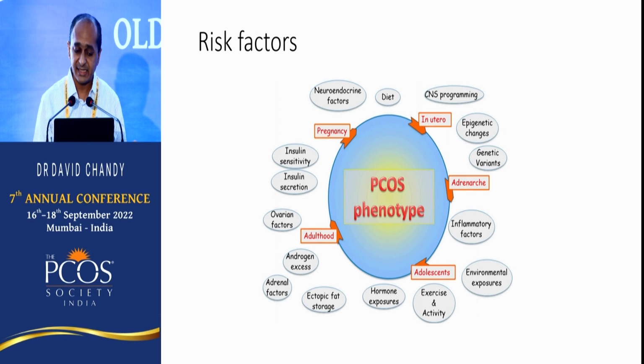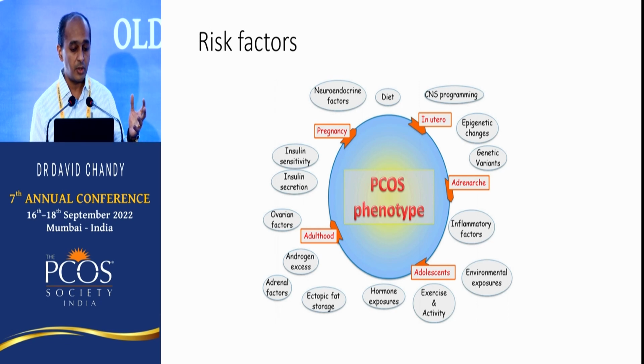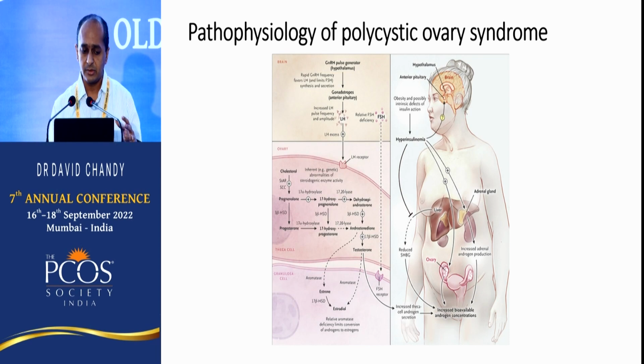Lack of exercise and poor diet lead to hormonal changes. And finally, in adulthood, you have insulin resistance, changes in the ovarian function, and excess of androgen hormones. So if you want to tackle it, you need to tackle it in utero or early on in the adolescence phase. So let's go back to the pathophysiology.